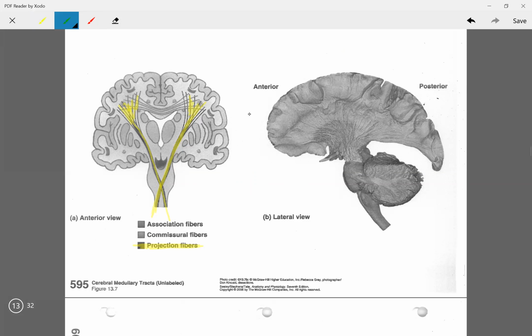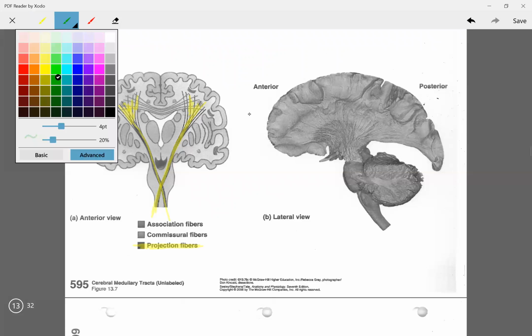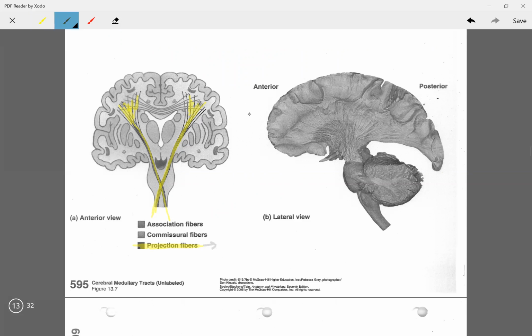And they connect the cerebrum to other parts of the brain and spinal cord.